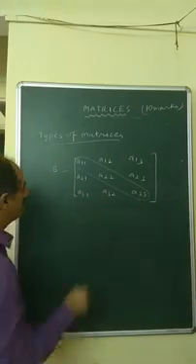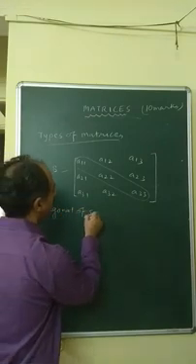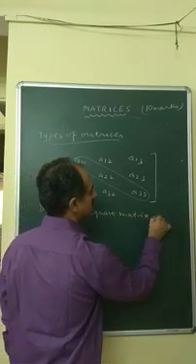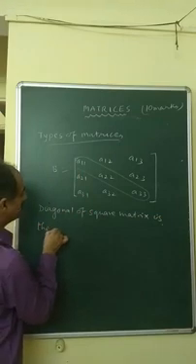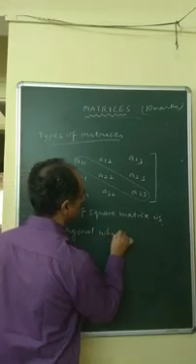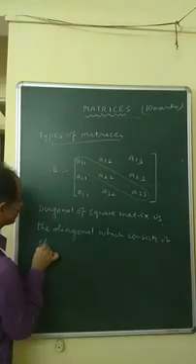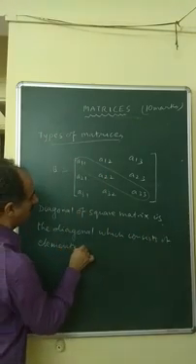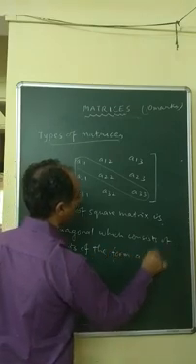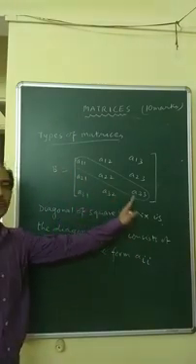So the diagonal of a square matrix is the diagonal which consists of elements of the form Aii: A11, A22, A33.